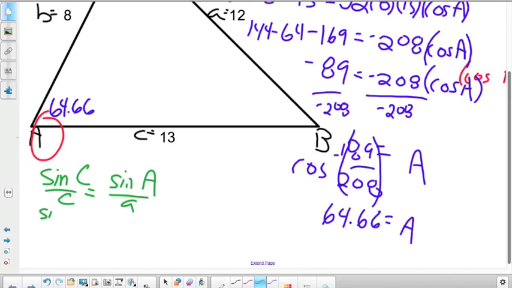So here sine of C is equal to what's little c? 13. It's equal to sine of A, which is 64.66, all over A is 12.